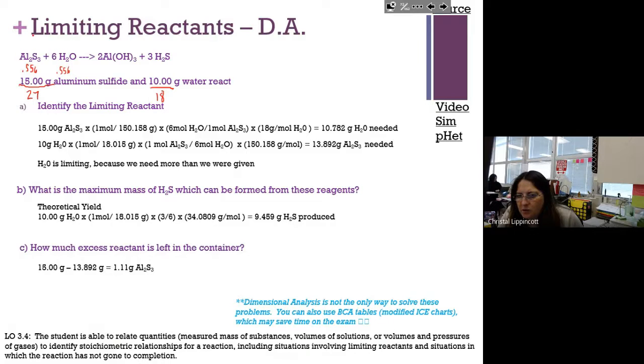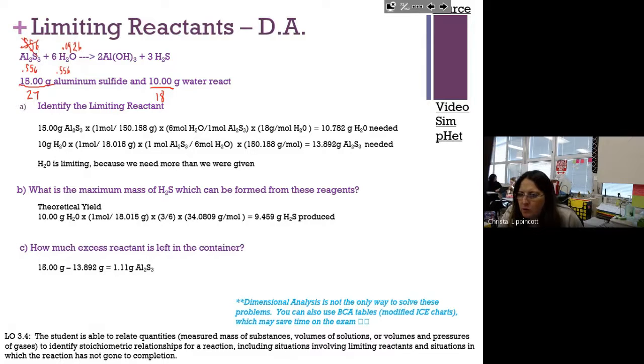So I'm going to divide this one by 1. So that's 0.556. This one I'm going to divide by 6. So that's going to end up being 0.0926. Get rid of all but the smallest cloud.